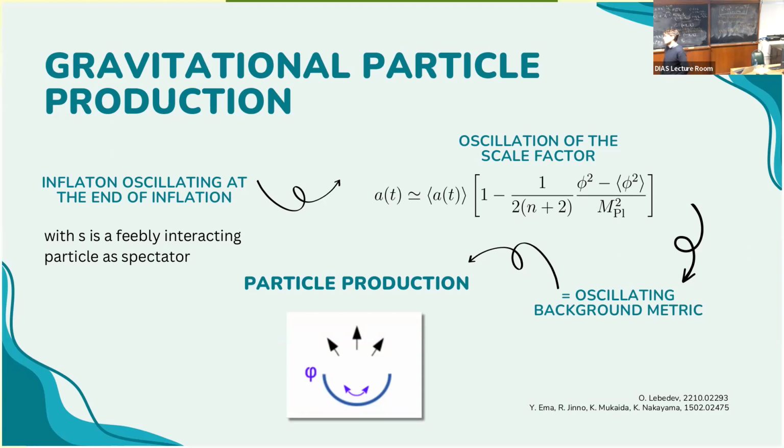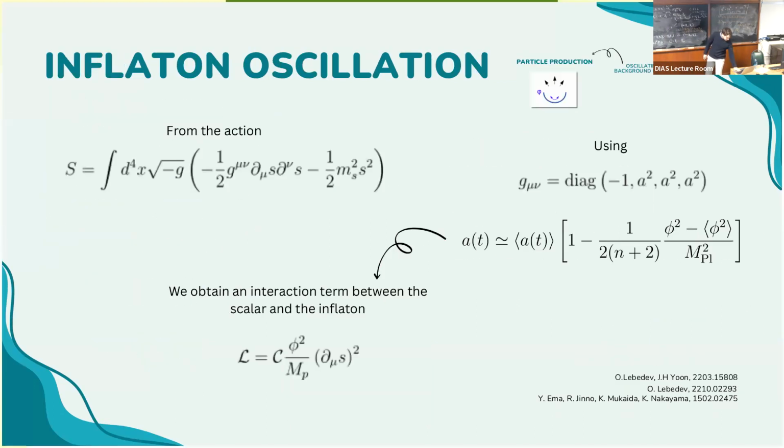Yeah, practically the oscillation of the inflaton makes the scale factor oscillate, and that leads to particle production. I think this is the clearest way for me to understand it.